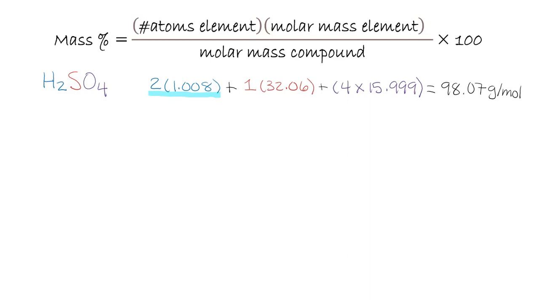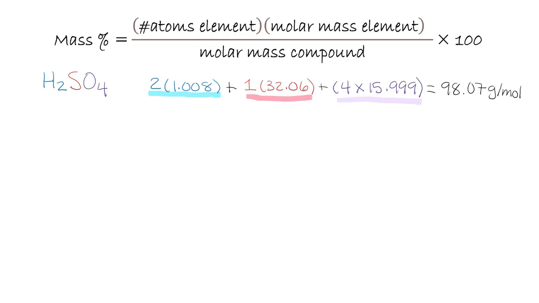It's actually already part of our molar mass calculation. And this part right here is what becomes the numerator for the hydrogen calculation. The next part becomes the contribution for sulfur, and the last part becomes the contribution for oxygen.